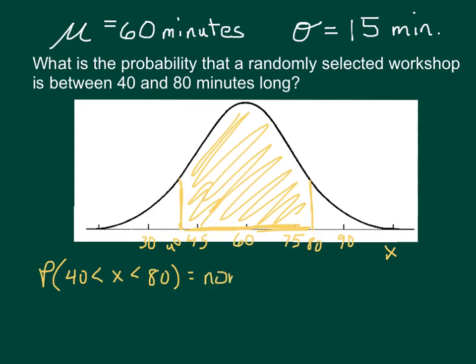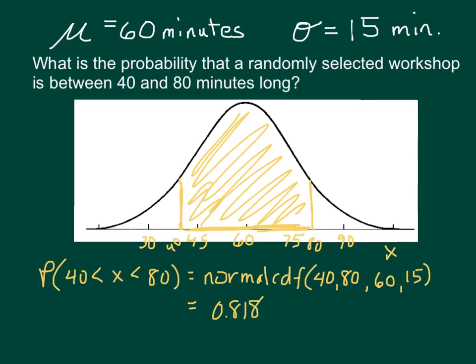But to get the exact value, we'd use normal CDF, left bound 40, right bound 80, mean is 60, and standard deviation is 15. And there's my result of 0.81875. So 81.8% is my result, which makes sense because it's bigger than the 68% of the one standard deviation away.